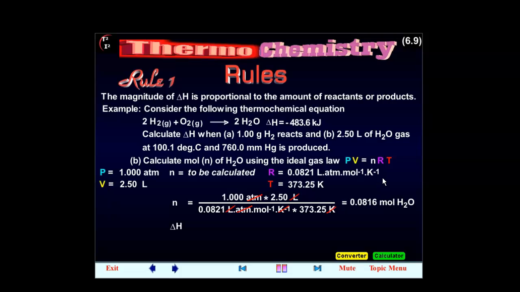Delta H equals 0.0816 mole H2O times negative 483.6 kilojoules divided by 2 moles H2O, equals negative 19.7 kilojoules.